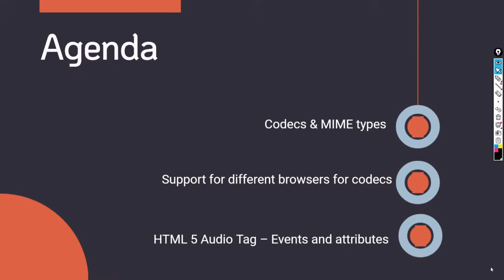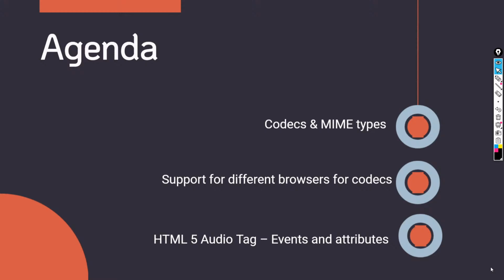And these have some extensions. The codecs are used to compress audio or video into manageable files, right? Raw audio and video files can be exceedingly large, and that's the reason why we use codecs to compress them, so that we have a manageable file size and can share it over the internet.